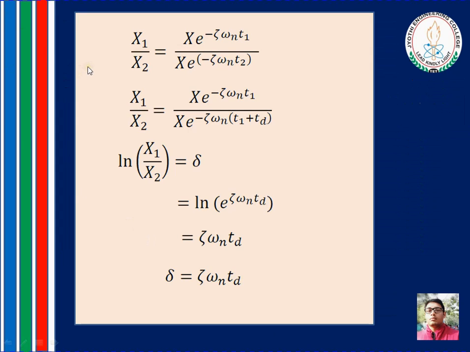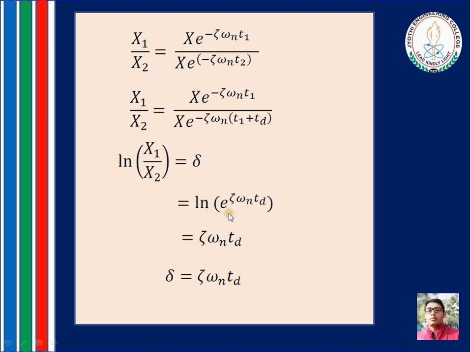Now, what will be the ratio of the two amplitudes x1 and x2? That will be e raised to negative zeta omega n t1 divided by e raised to negative zeta omega n t2, where t2 is replaced by t1 plus td. Now, taking the natural logarithm, the natural logarithm of x1 by x2 equals the natural logarithm of e to the power of zeta omega n td.